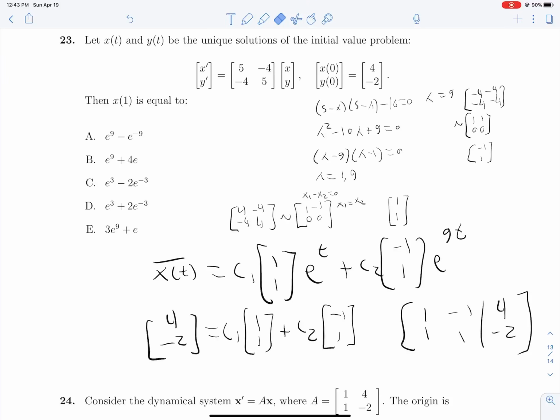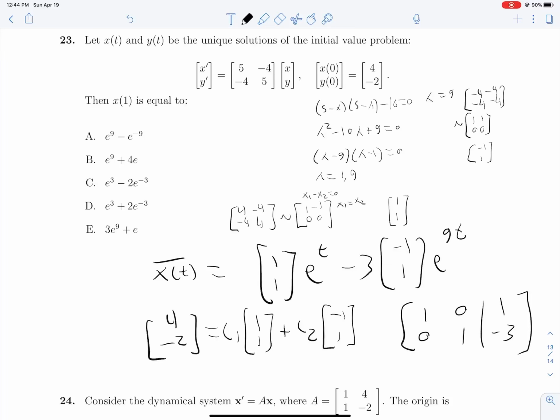Subtracting row 1 from row 2, we'll get 0, 2, negative 6. So this becomes 1 and negative 3. Adding it here gives us our answers for C1 and C2, where C1 is 1 and C2 is negative 3.